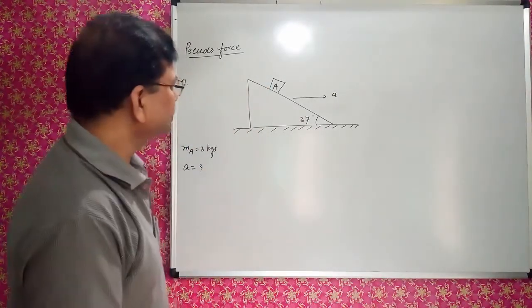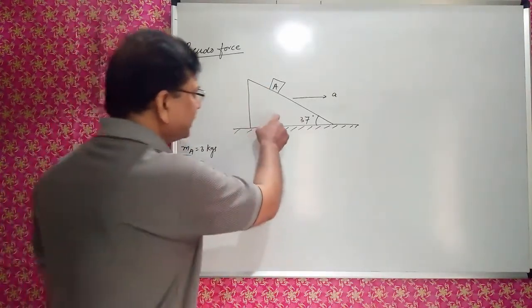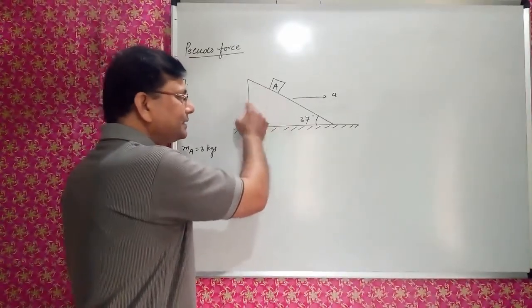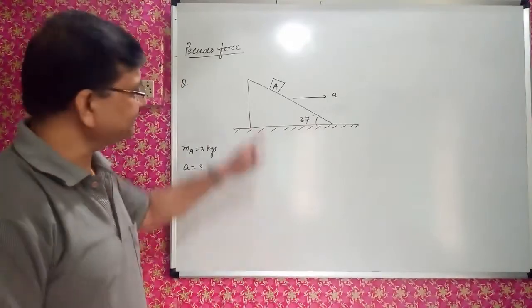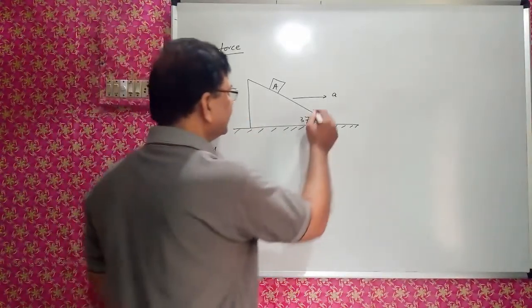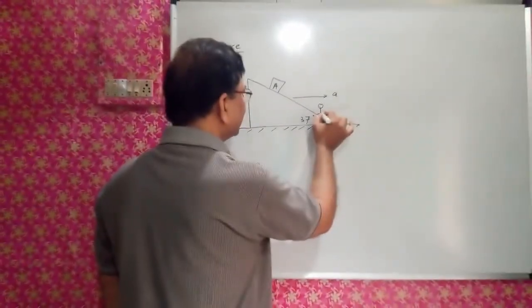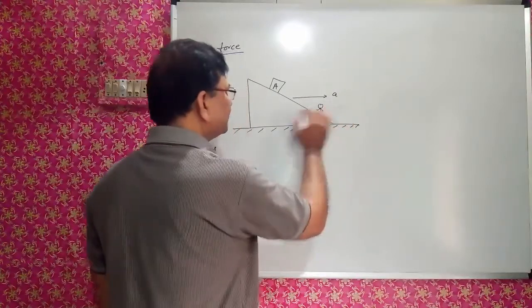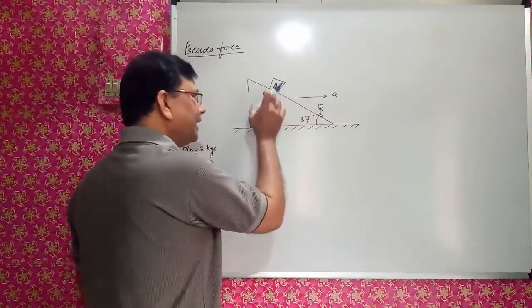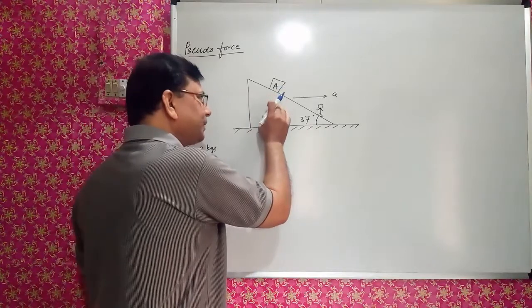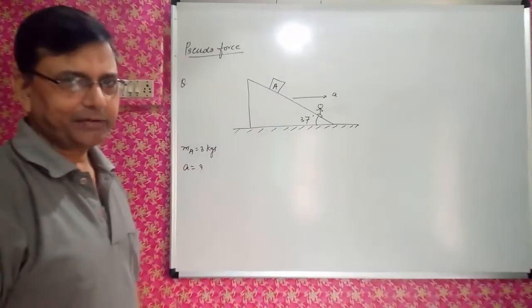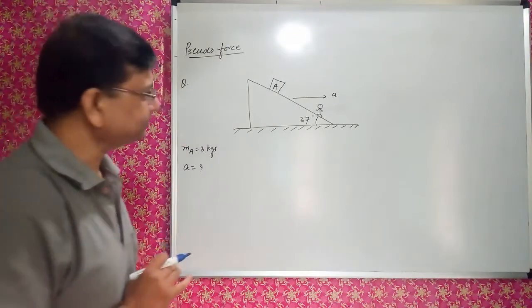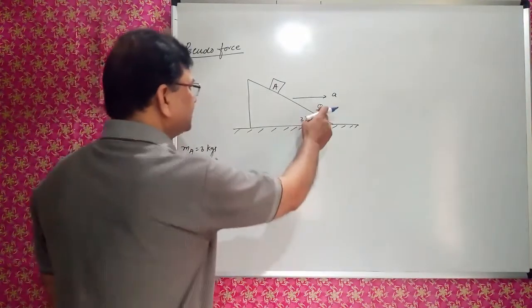So see, with respect to this I want, means this is a non-inertial reference frame. Suppose the observer is standing on this wedge. So with respect to the wedge, this mass should be at rest. That is the condition.